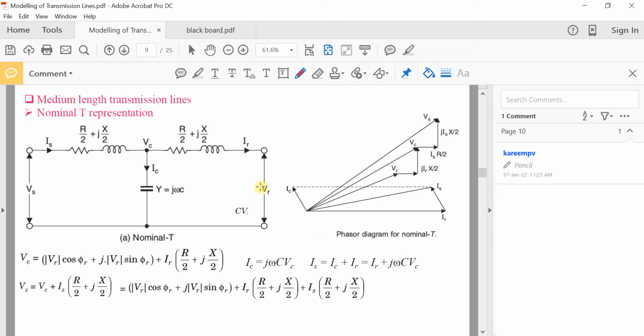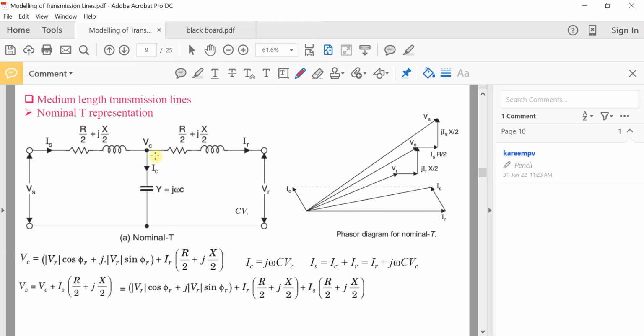Here you can see that this is the receiving end voltage Vr. And this is the point where we are assuming that the whole line capacitance is concentrated. So Vc will be equal to Vr plus the drop across this impedance, and Vs will be the drop across this impedance plus this Vc.